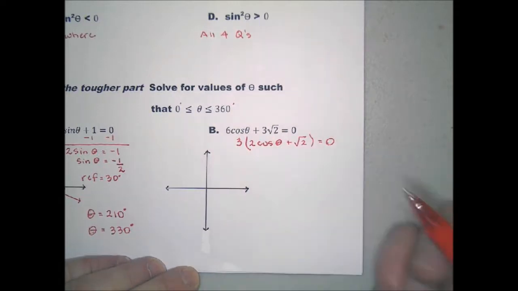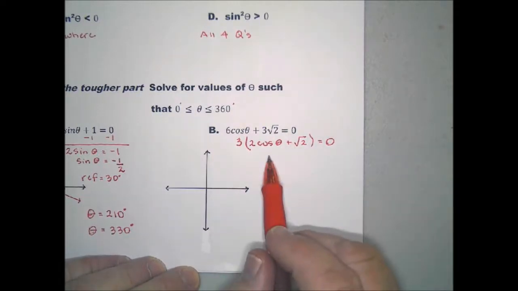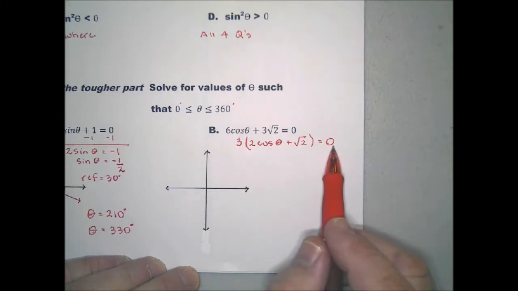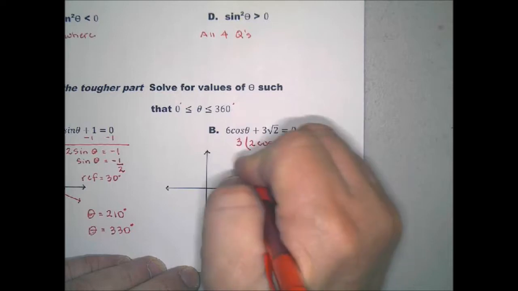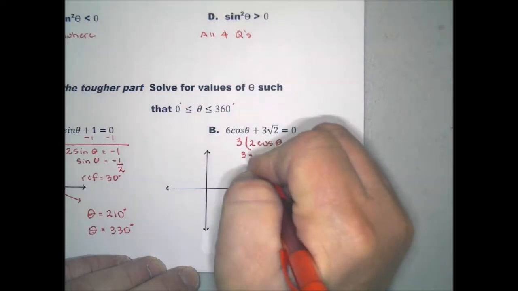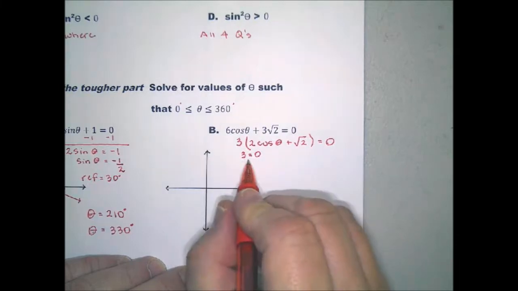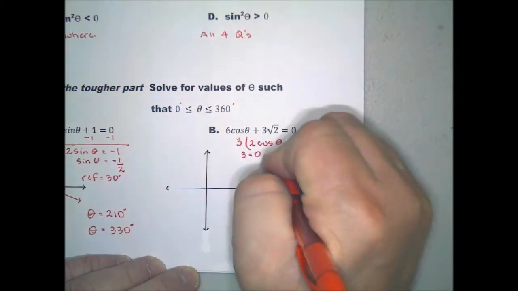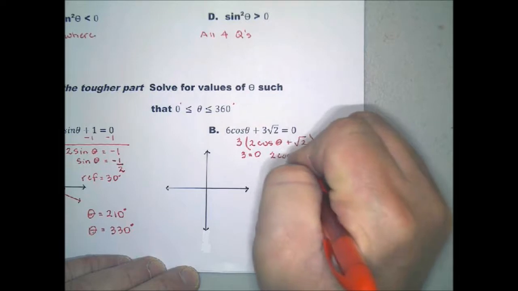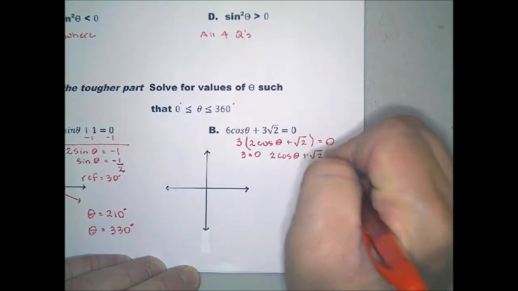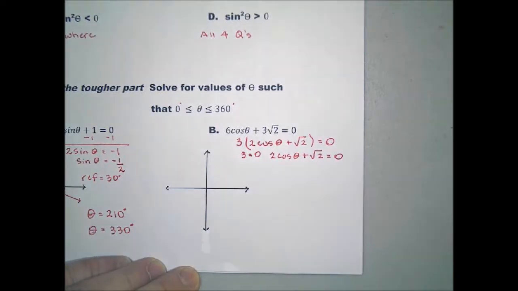No, I'm not going to do that. I'm going to do something different. I'm going to set each of these factors equal to 0. 3 equals 0. That doesn't work, so that isn't going to take me anywhere. But the other one, 2 cosine theta plus square root 2 equals 0, that's going to take me somewhere.